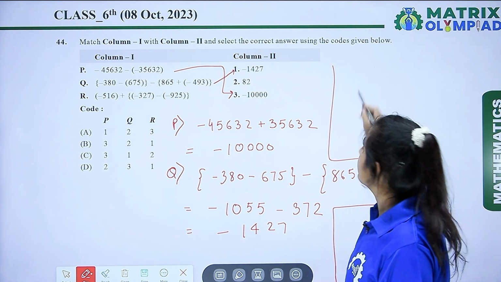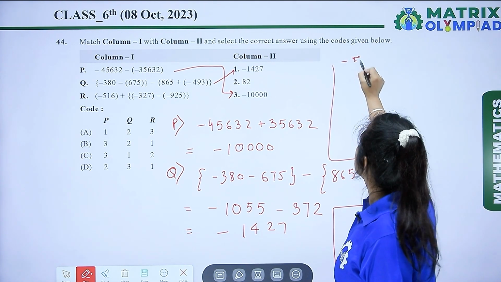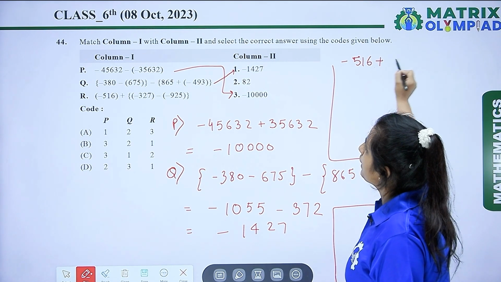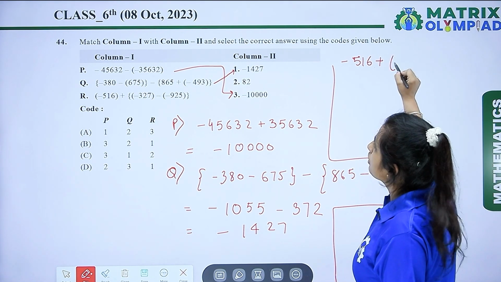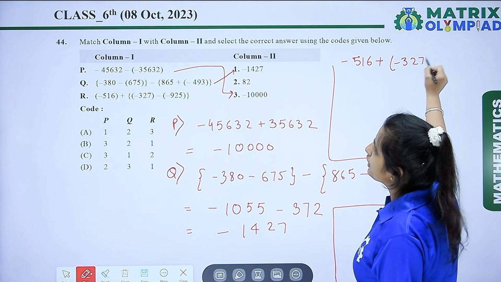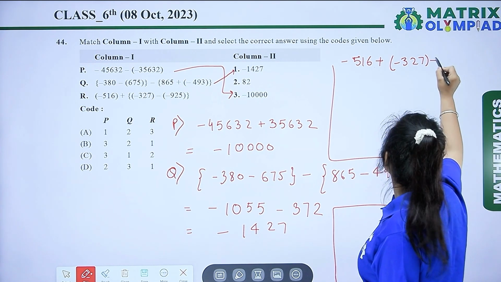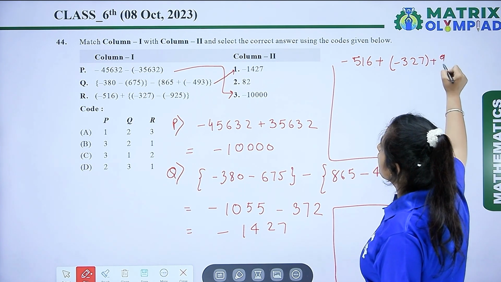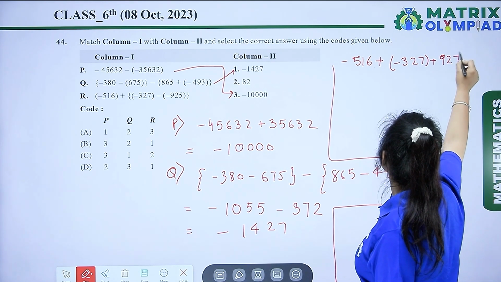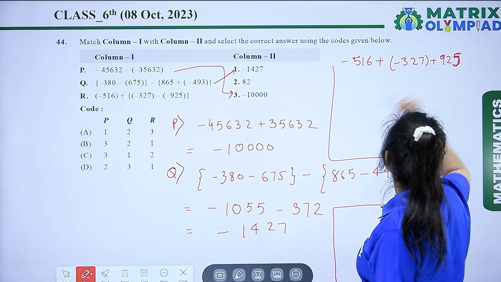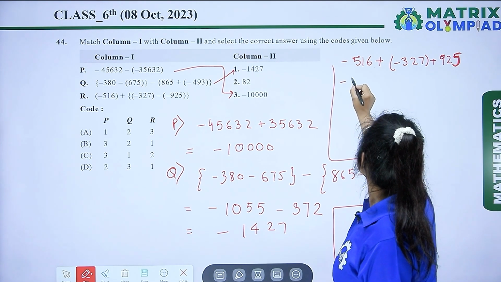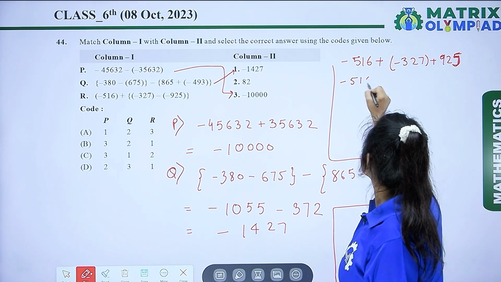Now the next one is negative 516 plus minus 327 minus plus 925. So here negative 516.